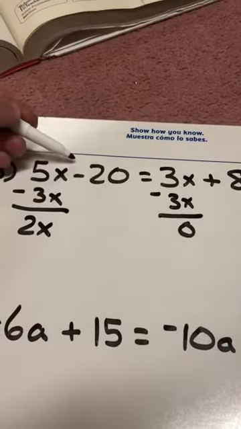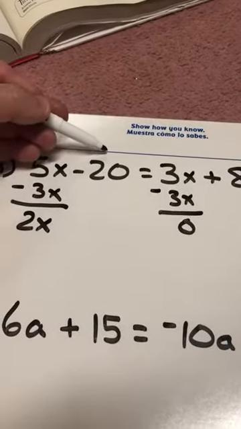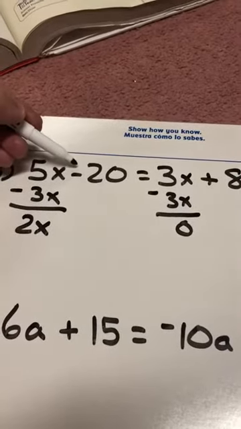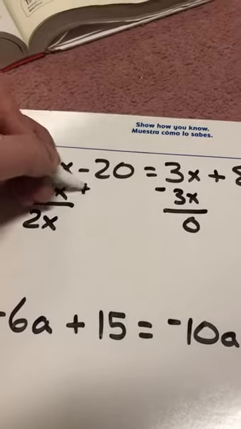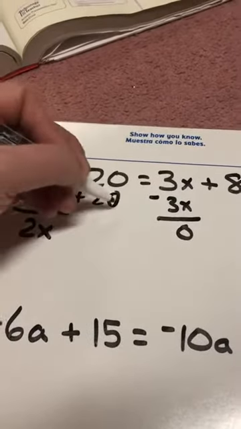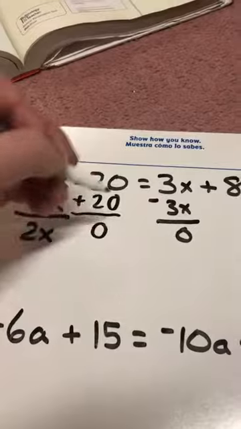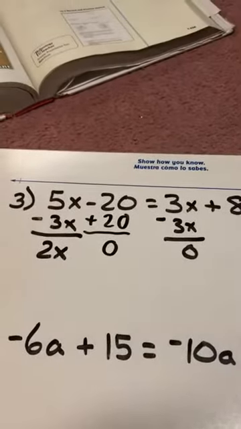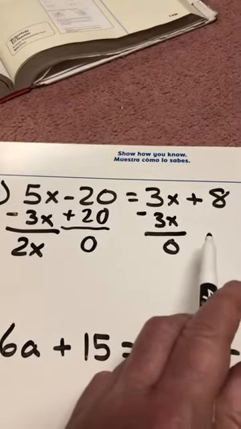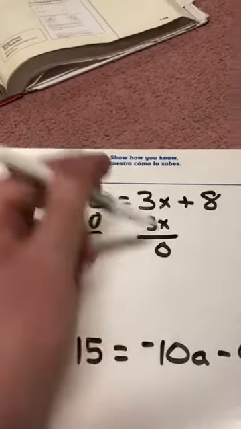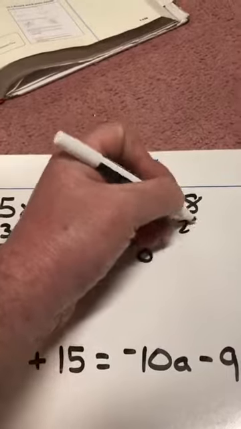Remember 7th grade, this is not just minus 20. We look at the whole term with the operational sign in front of it. It is a negative 20. So to get to 0, I have to add 20. Negative 20 plus 20 is 0. But as we've talked about before, whatever I do to one side of the equation, I have to do to the other side of the equation. So if I add 20 over here, I have to add 20 over here.